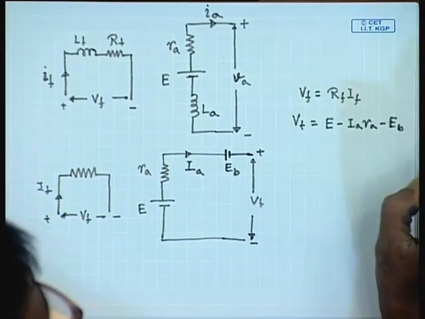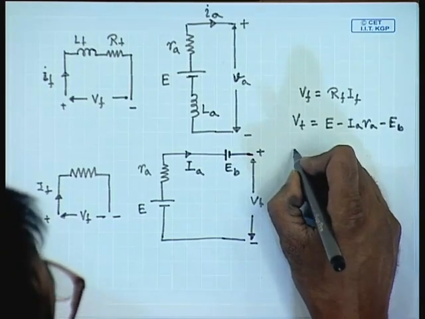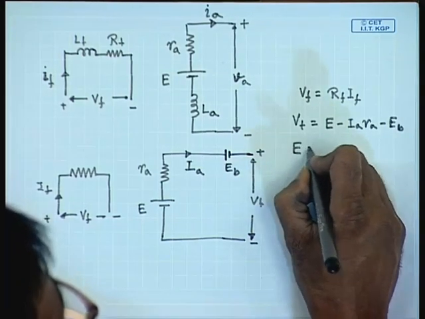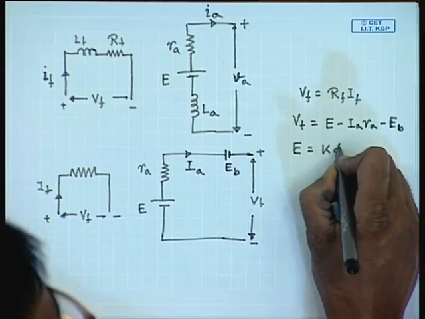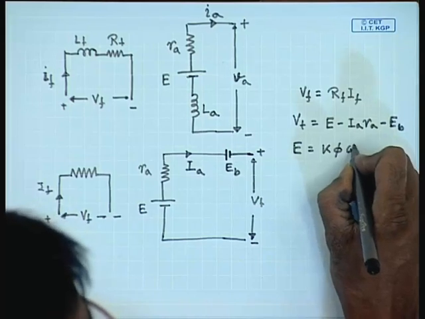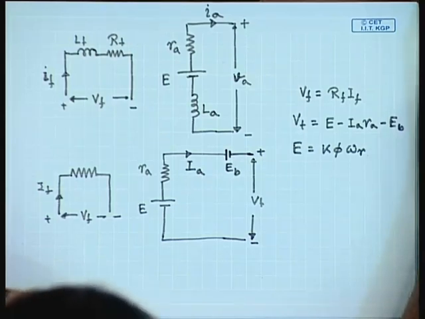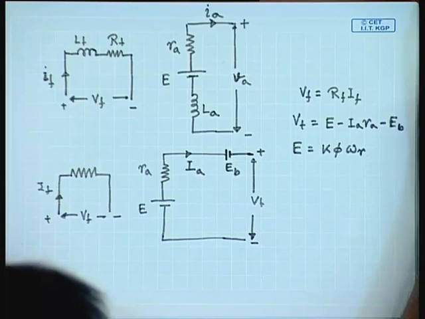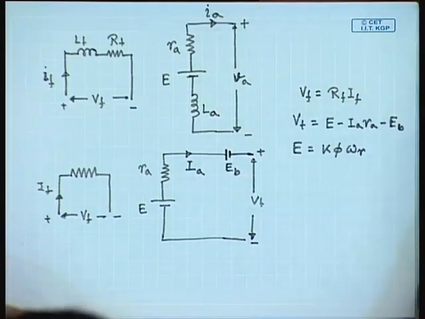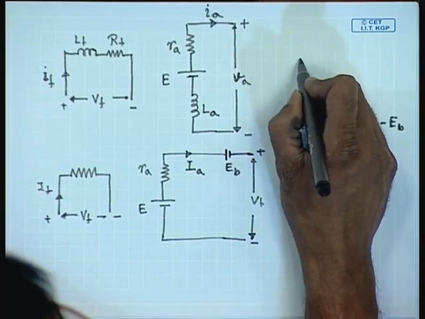Many a times this brush contact drop is neglected, and E equal to K phi omega r, where omega r is the rotational speed of the armature. Now, these equations have been written with generator convention in mind, that is assuming that the DC machine works as a generator. So, this is the generator mode of operation.